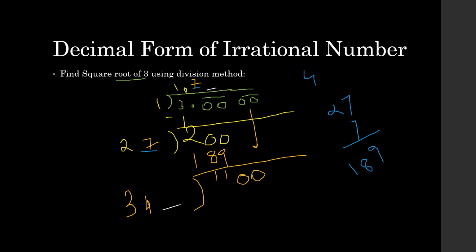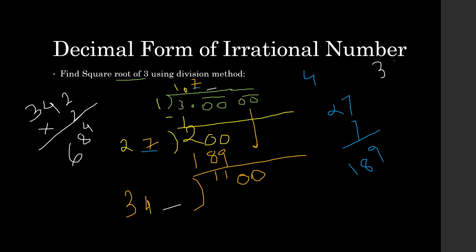So let us see 1. 341 ones are 341. It is very less. 342, let us see. 342 into 2. So you are going to get 2 2s are 4, 4 2s are 8, and 2 3s are 684. Okay.